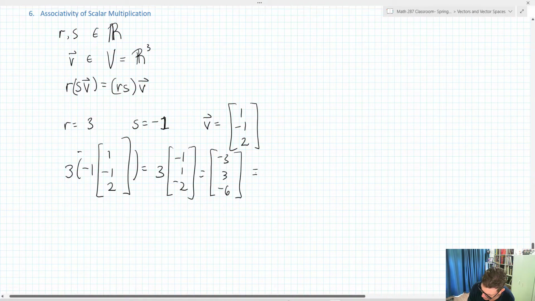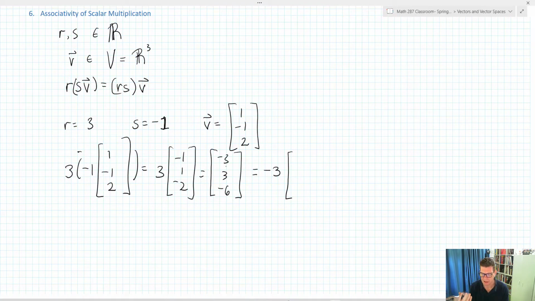Now what you want to notice is that if I wanted to, I can pull negative 3 out of all of these and make this negative 3 times, and what I'm doing here is factoring. That algebra, the factoring, works when we're working in vector spaces and working with vectors. We can factor out values very naturally, the same way that we do with, let's say, a polynomial.